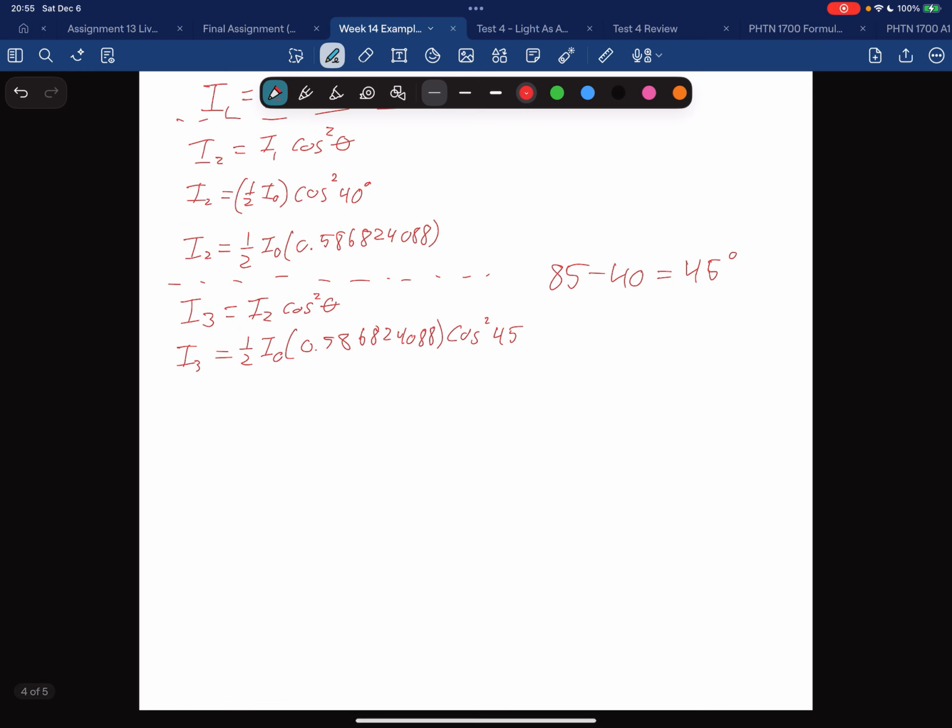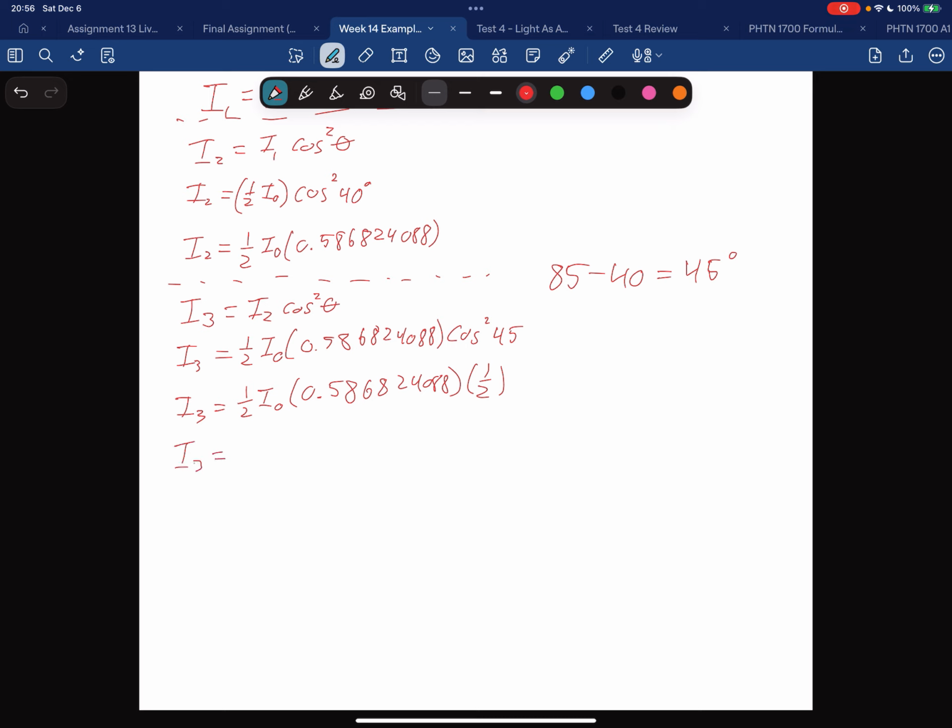So from all of this, we get 1/2 I naught times 0.586824088, and the cosine squared of 45 is actually just 1/2.